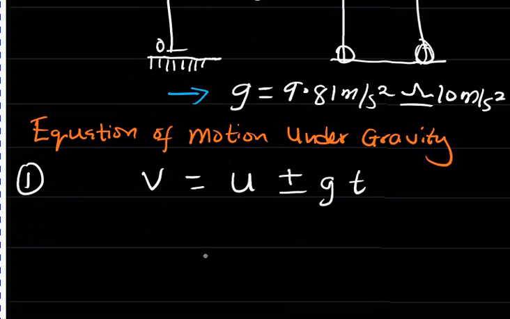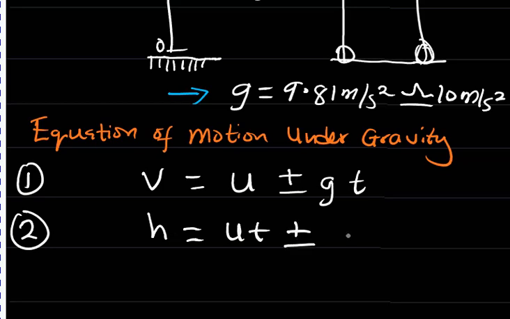So for equation 2, we are replacing delta x by height because we are dealing with height now. Then it's going to be ut plus or minus half gt squared.